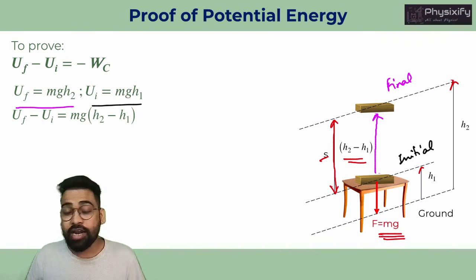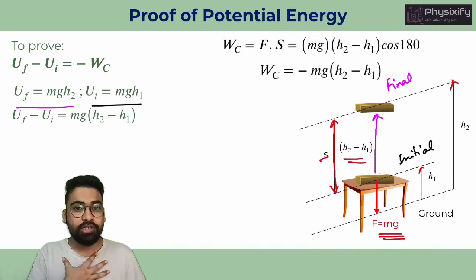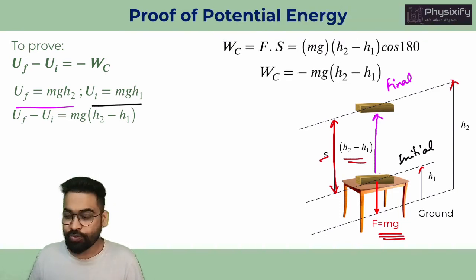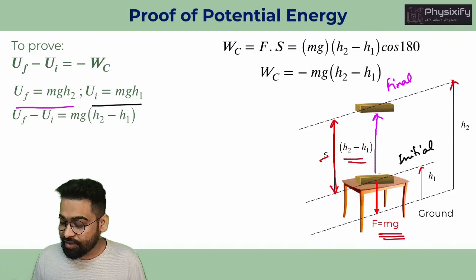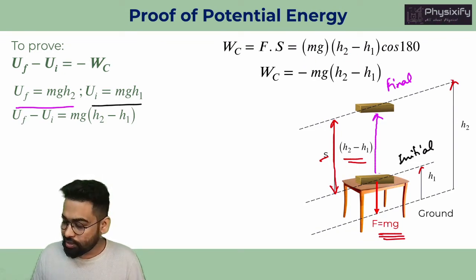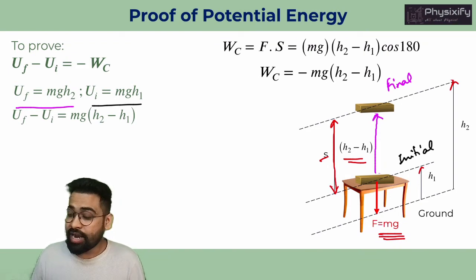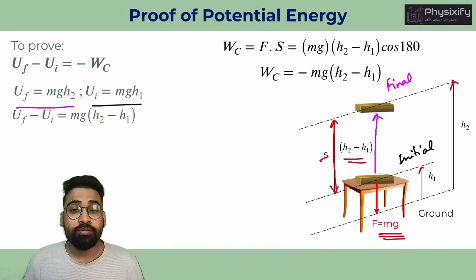So now I can write down the work done by this conservative force, that is gravity here. If I do F dot S, I will get mg into (h2 minus h1), mg on the downward side, h2 minus h1 on the upward side, and that is why the angle is 180 degrees. mg into (h2 minus h1) into cos 180.